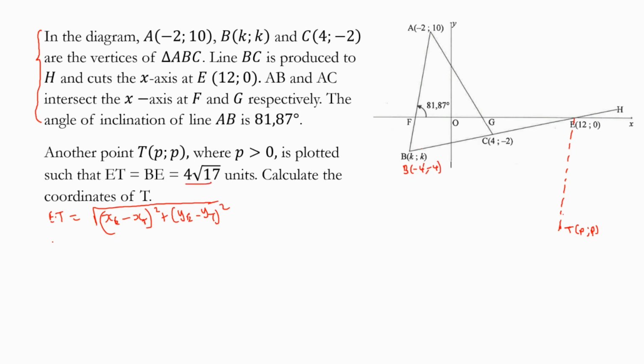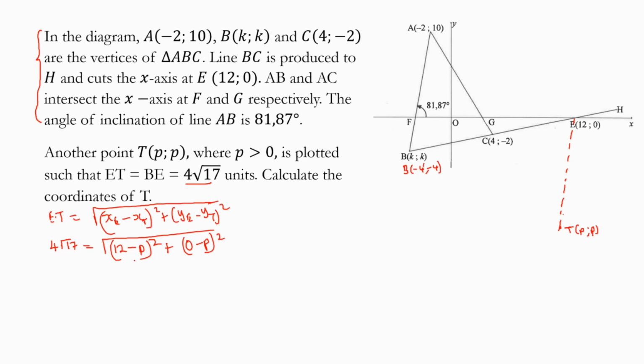Let's equate that, because it's equal to BE, which is 4 root 17. So 4 root 17 is equal to the square root of (12 minus p) squared plus (0 minus p) squared.